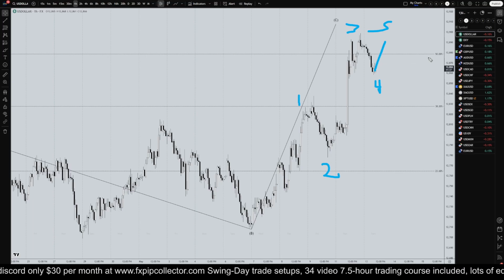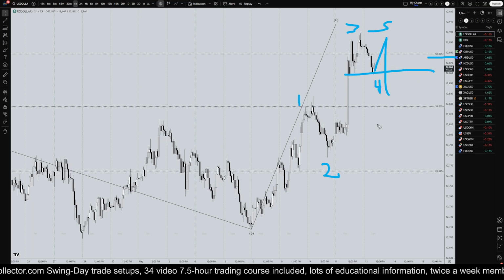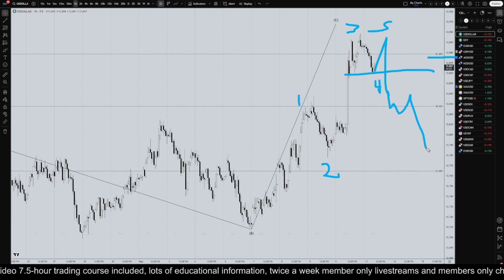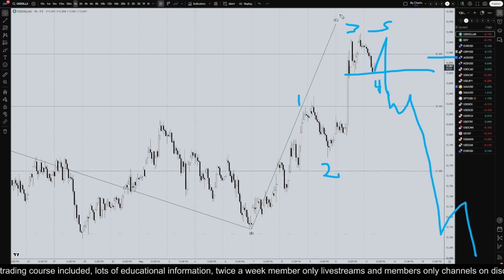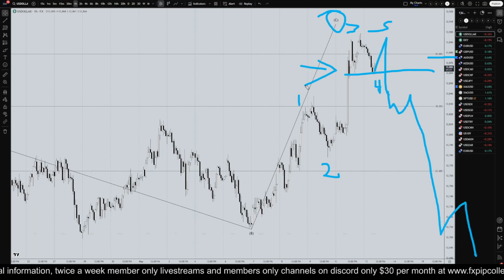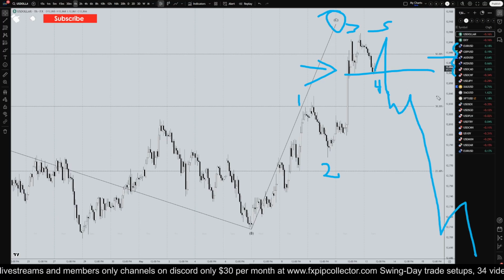If it continues to hold this 50% Fibonacci, especially if it makes this wave 5, then reverses back down, takes out structure, like I said on the 4-hour time frame, that would be the most ideal setup right there to tell me that this really is the end of an ABC correction and it really is back into a downtrend. Let's hope that we do set up like this because that's the clarity that I would be looking for a nice short on the dollar or possibly trading some of the dollar pairs themselves.